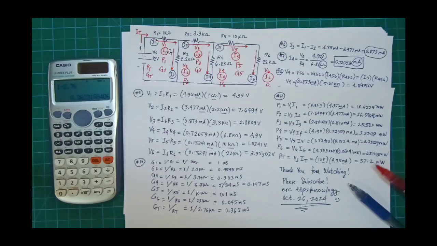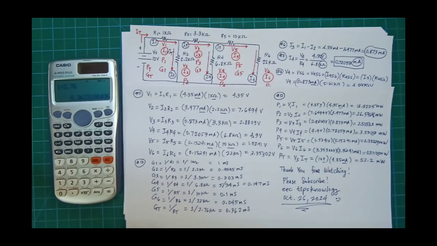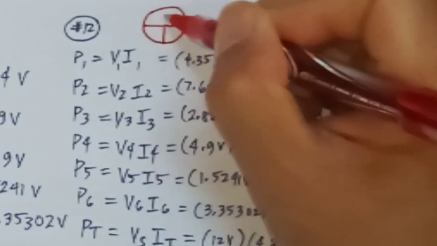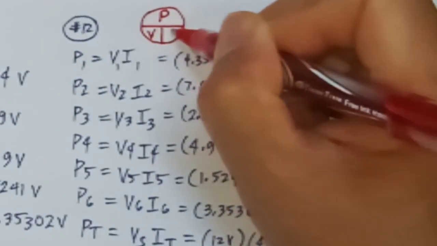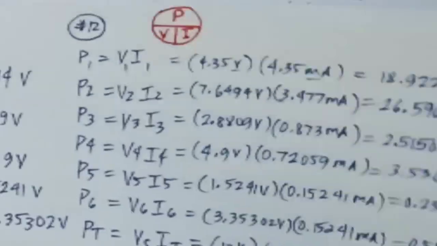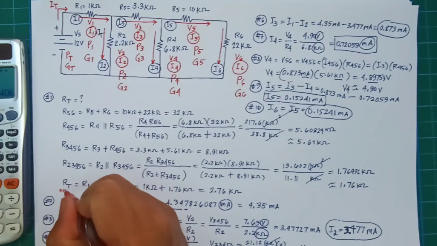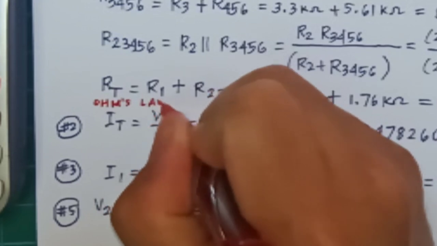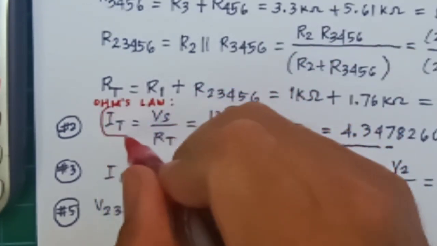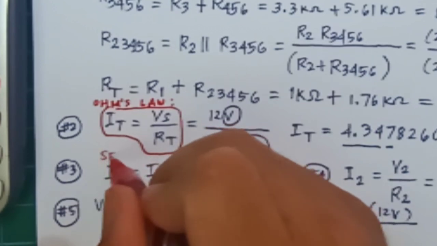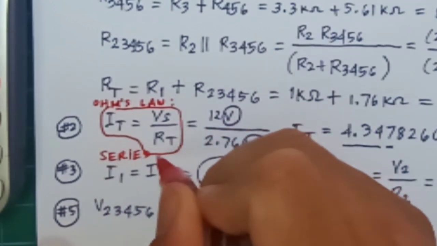Now, just to have a quick summary of what we have done, which rules we have used. Again, we used first the Ohm's law. We also used the formula for power. And we used Ohm's law again for the calculation of the I total, V over R. And we used the rule in series where there's only one current.